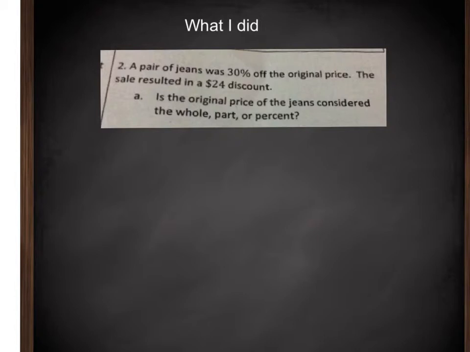What was the starting price? For this question, the whole was what the starting price was. The part was the discount, the $24, and the percent is always the one with the sign of the percent. So in this case, it's 30%. So the original price was the starting price, which means it was the whole.